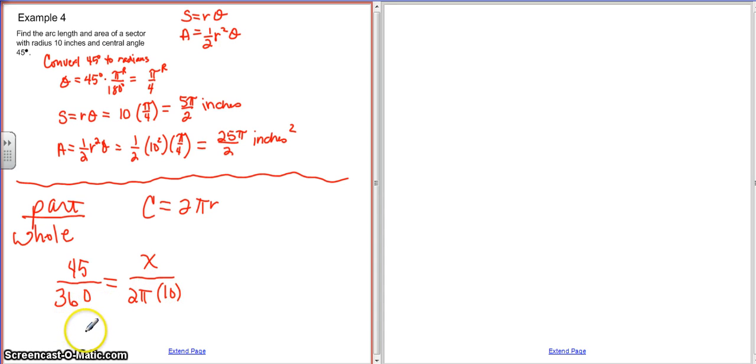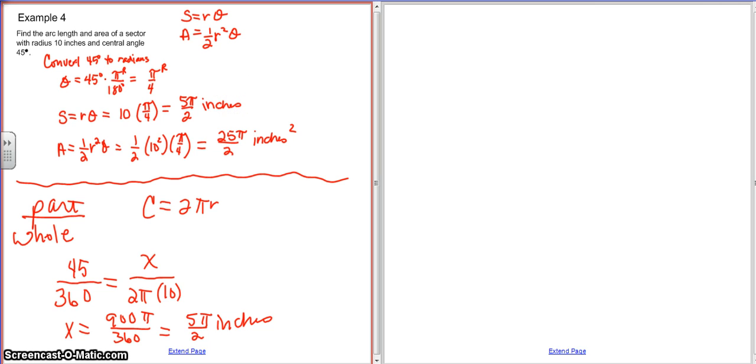So when I solve for x, product of the means is equal to product of the extremes. I get x is equal to 900 pi over 360, and that would simplify to 5 pi over 2 inches, which is the same thing I got up here when I used the formula.